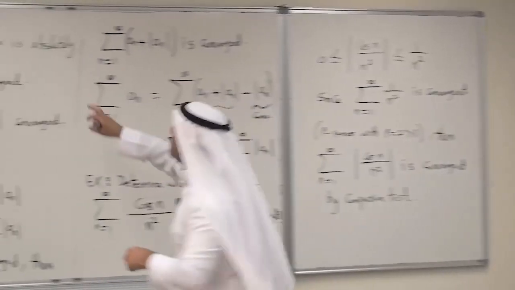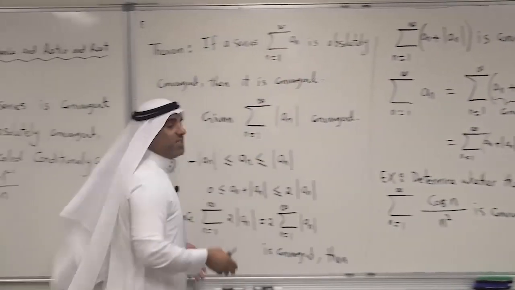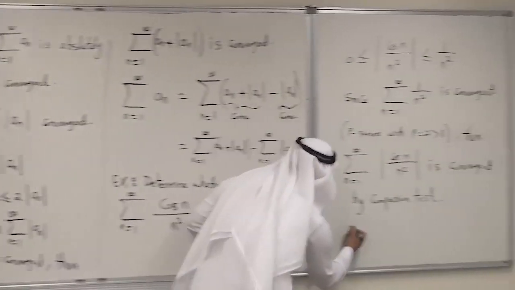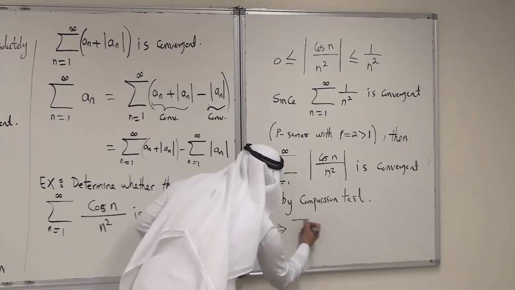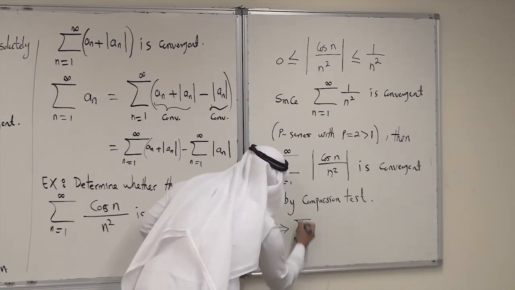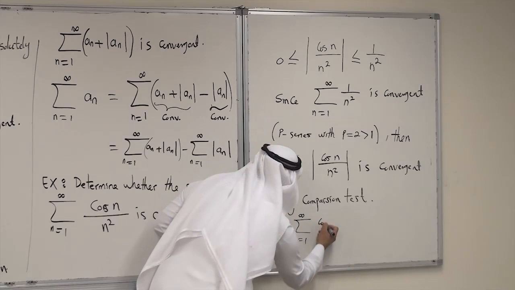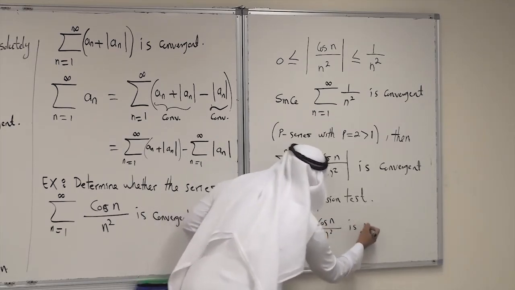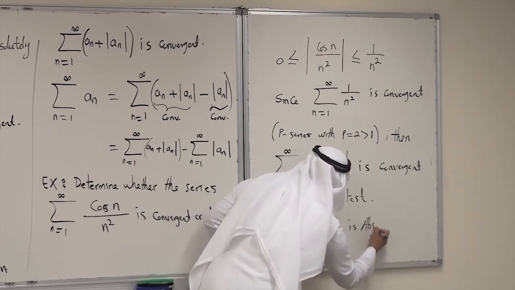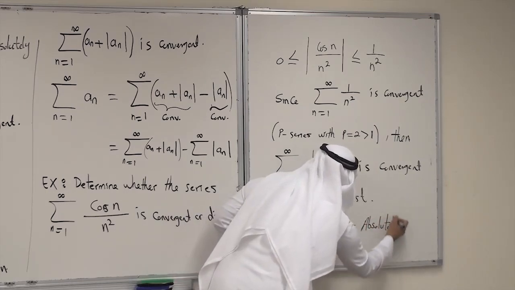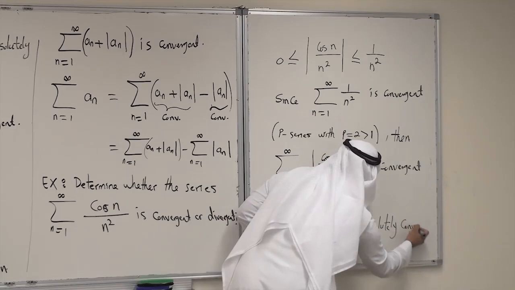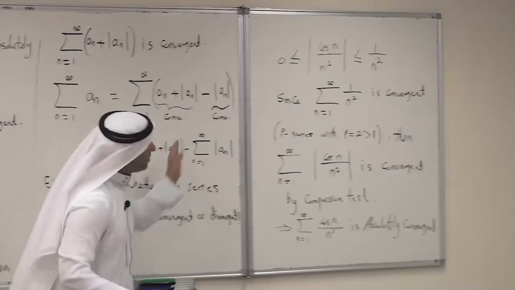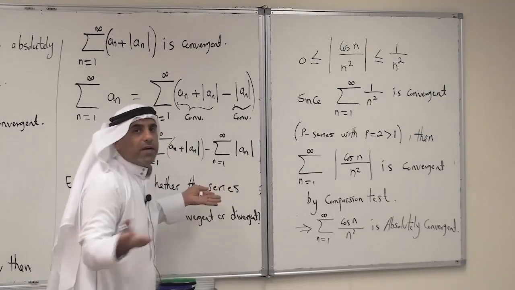And if it is convergent absolutely, what can you say about the series? It is convergent. So the conclusion now: this implies the series n equal to 1 up to infinity of cosine n over n squared is absolutely convergent. I don't need to also write that it is convergent, since it is absolutely convergent, this will be understood.